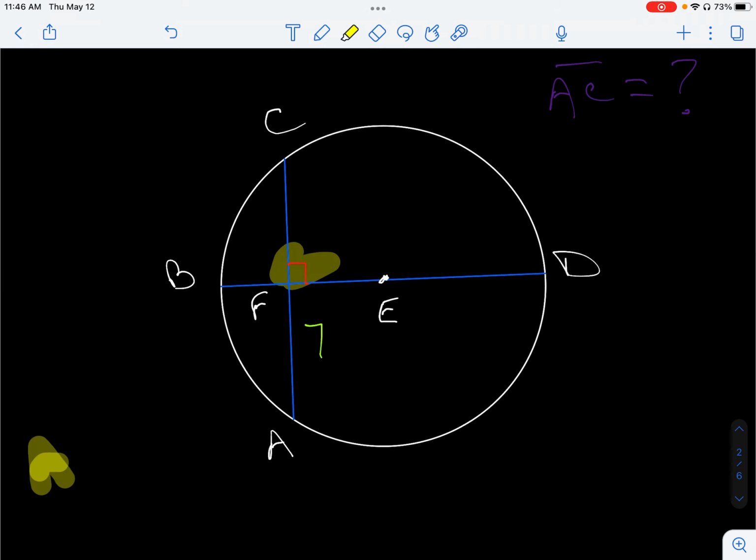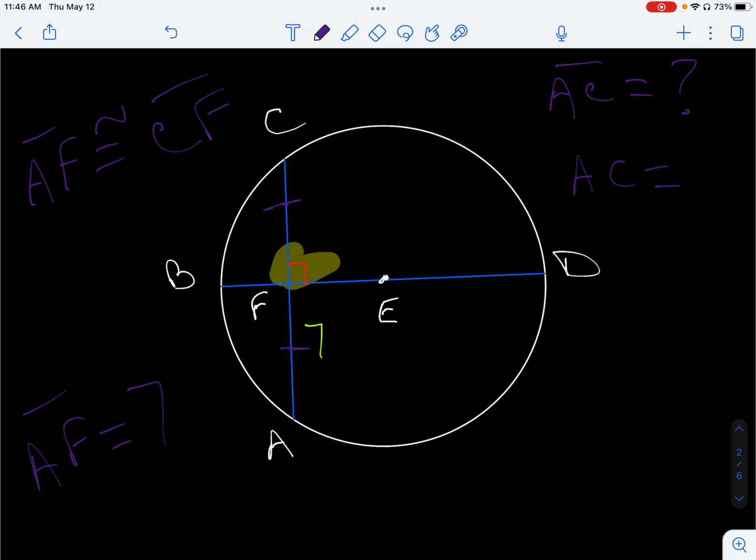AF equals 7, and segment AF is congruent to segment CF, so therefore AC equals 14.